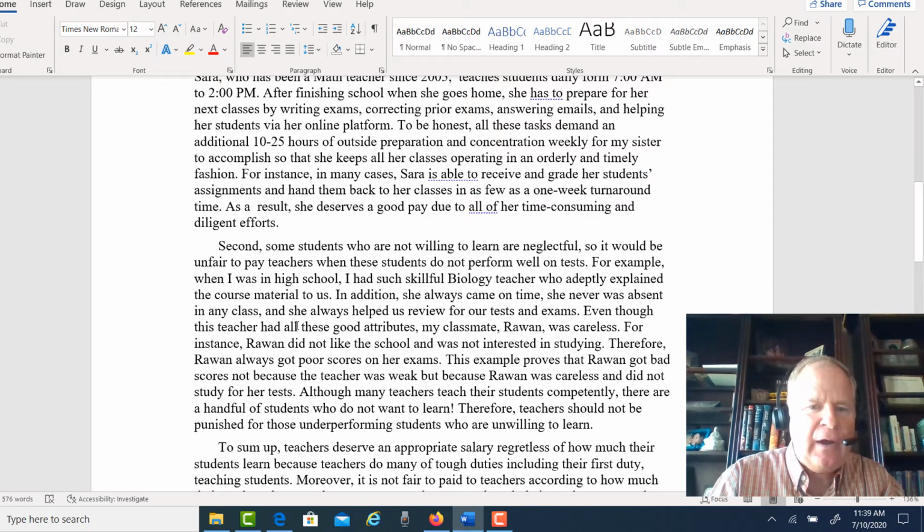Even though this teacher had all these good attributes, my classmate Rowan was careless. For instance, Rowan did not like the school, was not interested in studying. Therefore, Rowan always got poor scores on her exams.